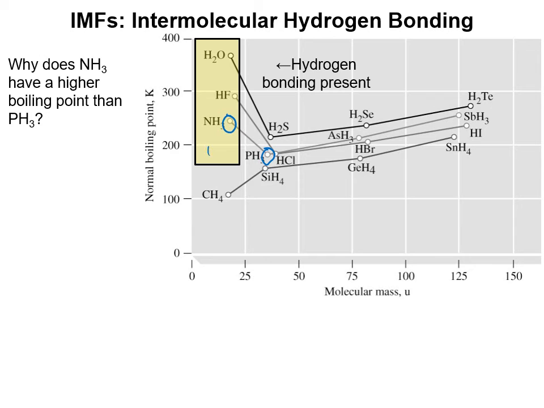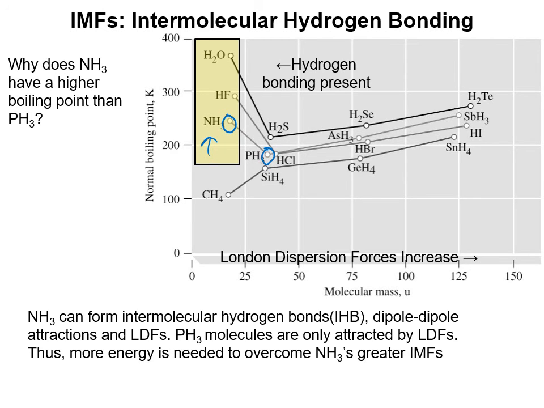So NH3 can form intermolecular hydrogen bonds, IHB. Now remember, if you're going to use an abbreviation, identify it as you write. PH3 molecules are only attracted by dipole-dipole attractions and LDFs, London dispersions. Thus, more energy is needed to overcome NH3's greater IMFs.